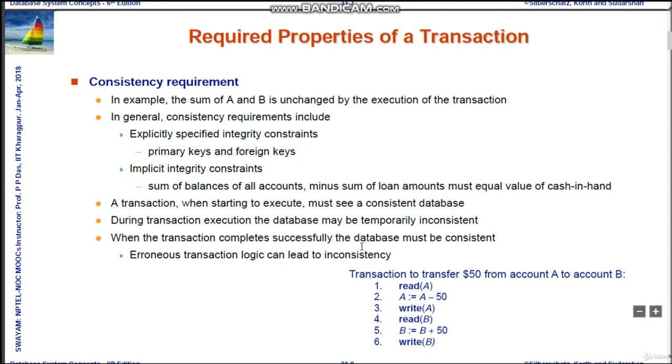It's a must. Even if in our first stage, when we haven't performed any transaction, our system is inconsistent, after executing, our system must be consistent. It's a must point. Erroneous transaction logic can lead to inconsistency.